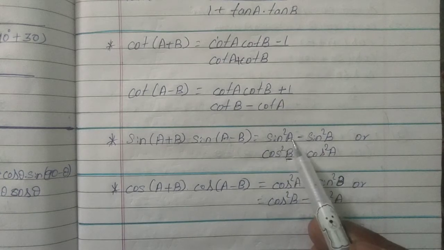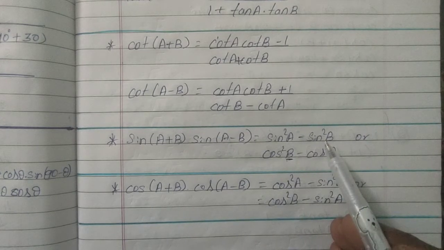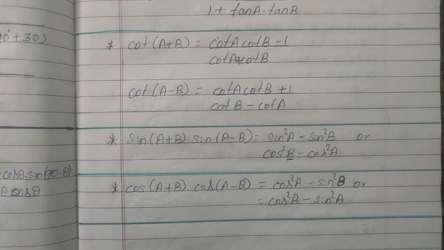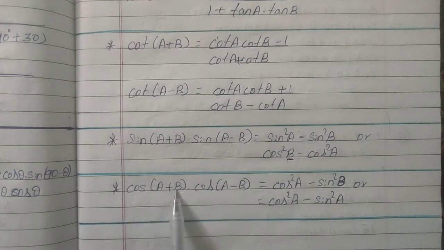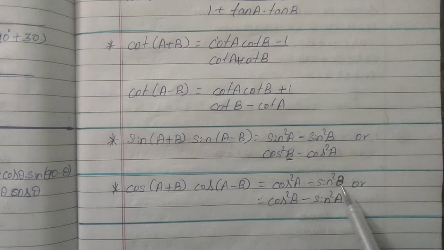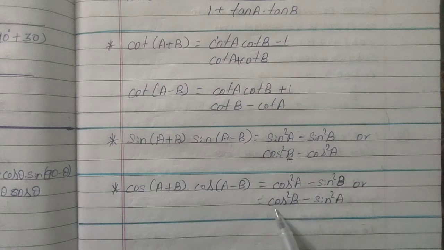Then cos A plus B into cos A minus B. In this case, cos square A minus sin square B, or cos square B minus sin square A.